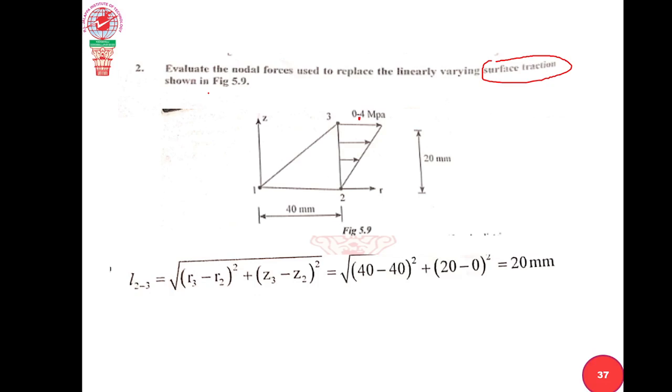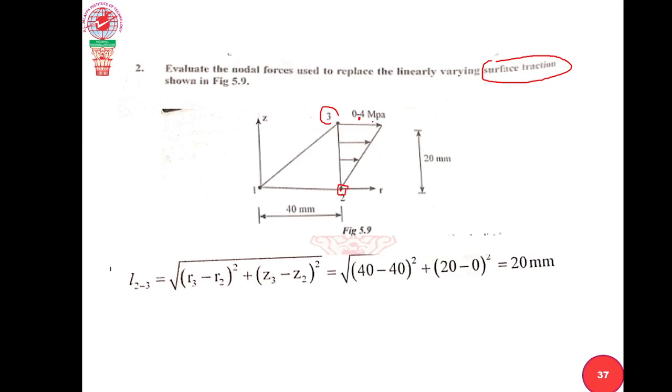Therefore, the surface traction force is acting on which nodes? Between node 2 and 3. What is the value? 0.4 megapascal. See, here it is 0 at node 2, and here it is 0.4 megapascal.